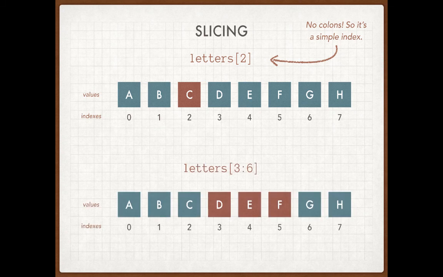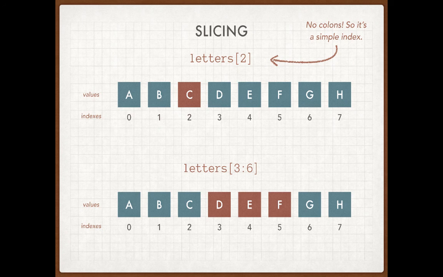But let's look at this one. So this is letters 3:6. Remember, start, stop, step. So here it says, I want to start at index number 3, and I want you to stop just before you get to index 6. And there's no step. So therefore I'm going to go one by one by one.